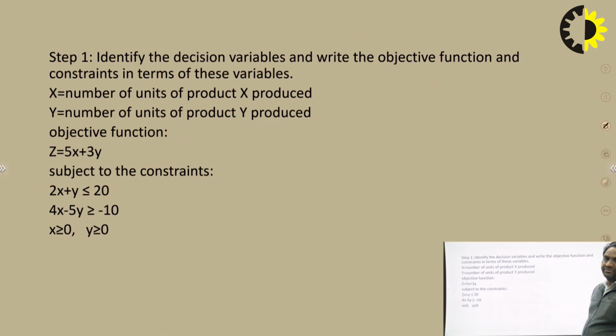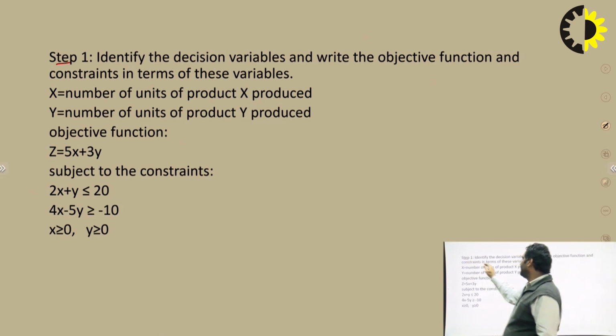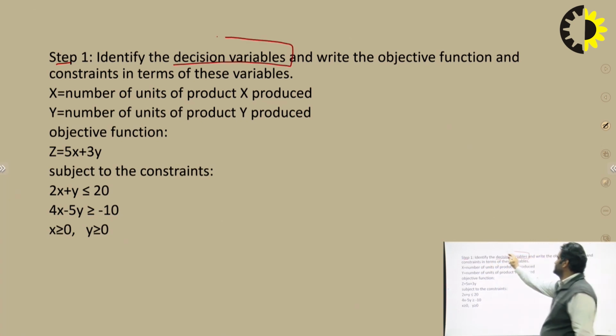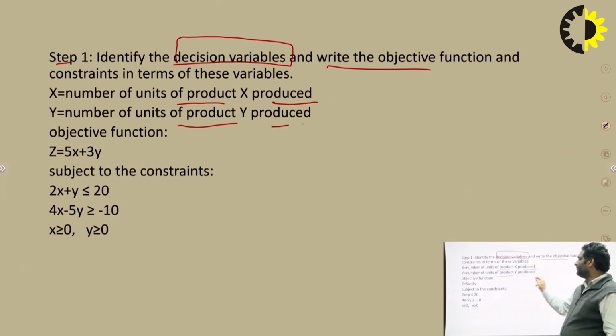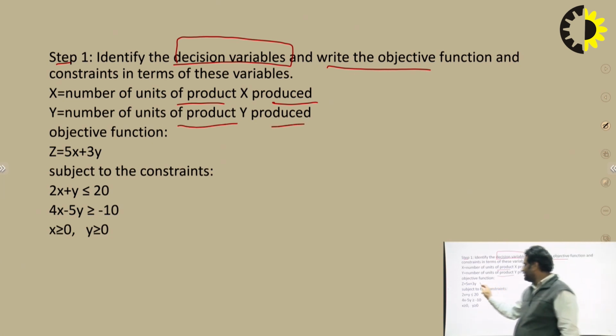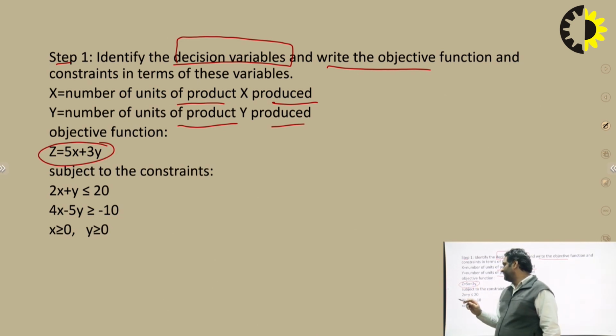So what are the steps to solve linear programming? As a first step, we need to identify the decision variables and then write the objective function and constraints in terms of these variables. In the given problem, we have 2 decision variables, x and y. x is the number of units of product x produced and y is the number of units of product y produced, and this is our objective function.